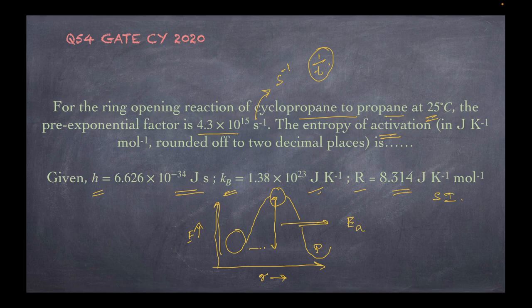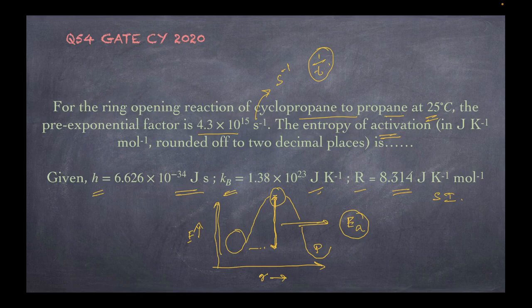Now this is called an activated reaction because the activation energy EA has to be greater than the thermal fluctuation happening at the reaction temperature, that means 25 degrees centigrade in this case.